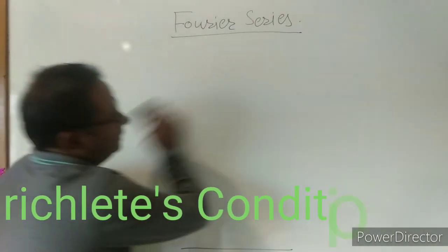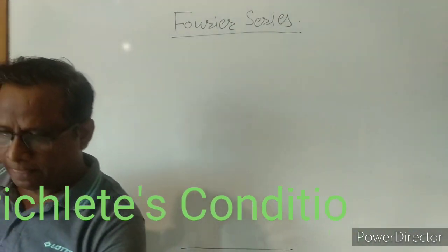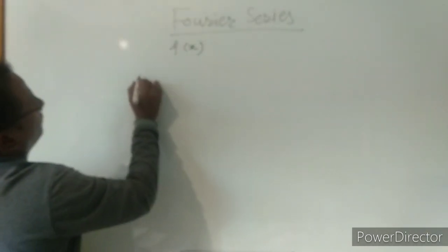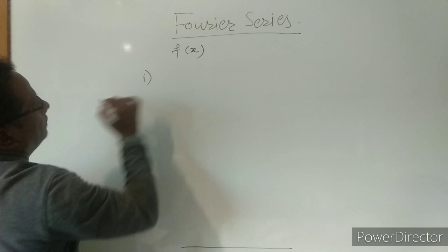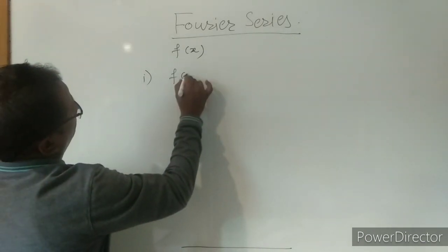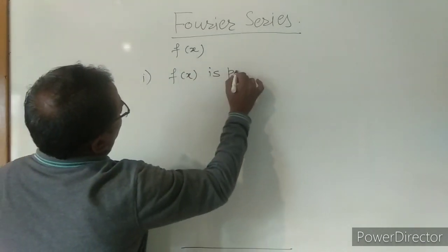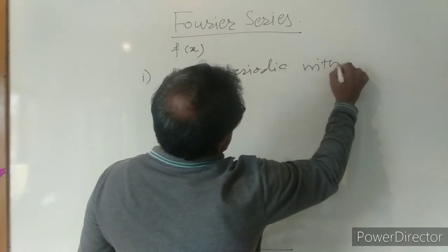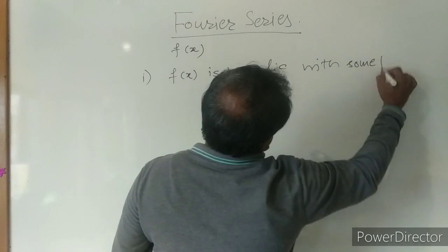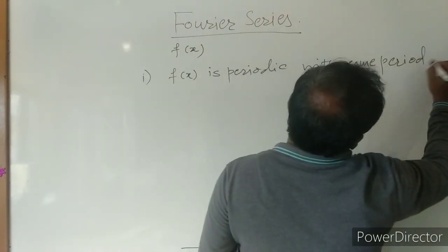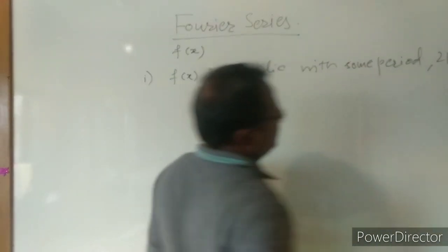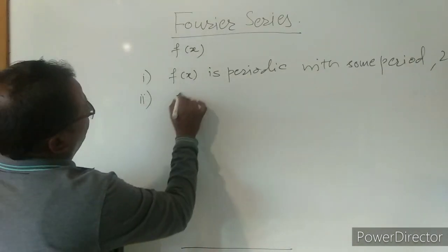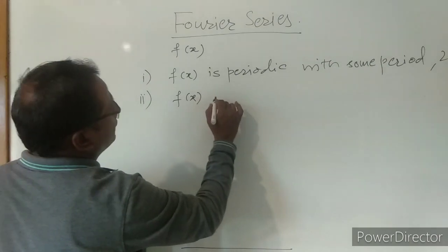If f of x is a function which satisfies the following conditions. Number one, f of x is a periodic function with some period, say 2L. Second, this f of x has only finite discontinuities.